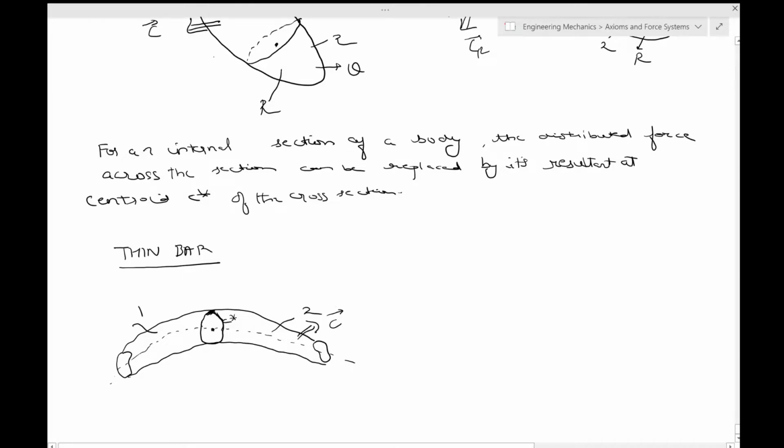It's still a hypothetical cut. Centroidal axis. Now let's see them separately.